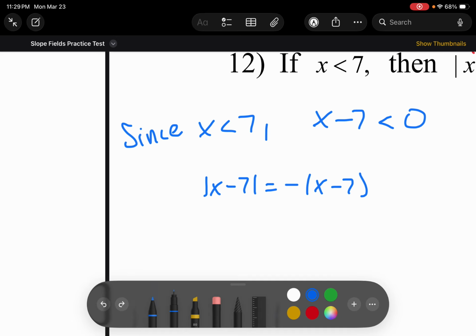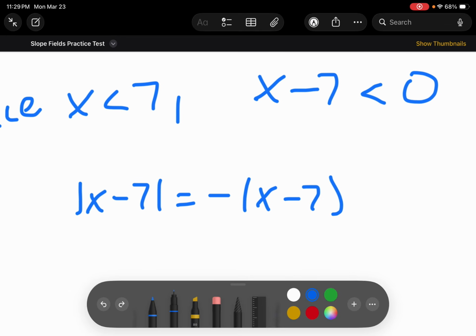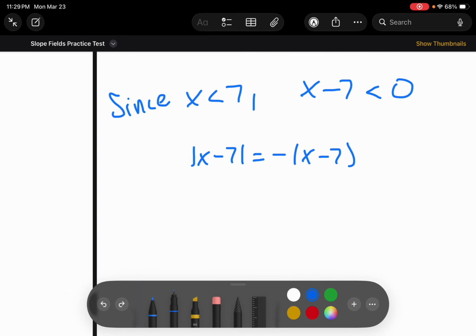Since x minus 7 is negative, we're going to have to put that negative outside so we can FOIL it. So now it's going to be negative x plus 7, which can be rewritten as 7 minus x.